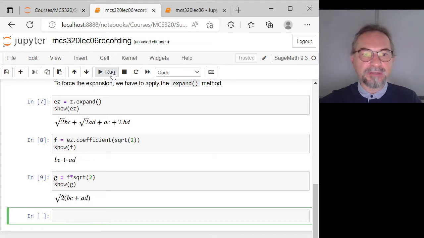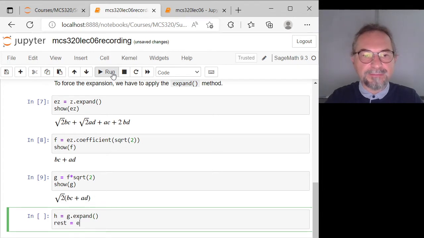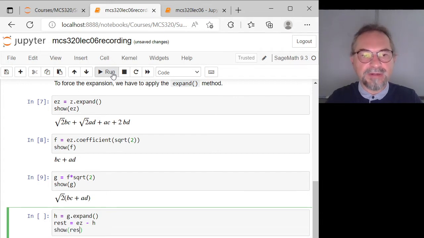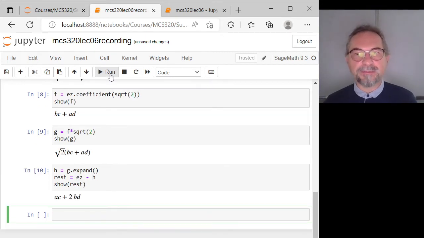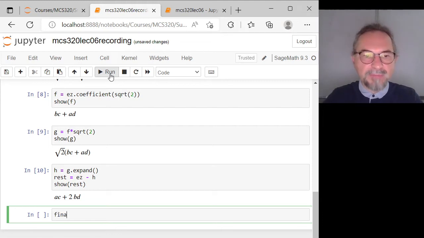Now for the first part I have to subtract this. So I have to expand. Let me expand G, call it now H. And let me subtract from easy the rest. So I have now the rest, the part that does not involve the square root of 2. And then my final expression is the rest plus g.